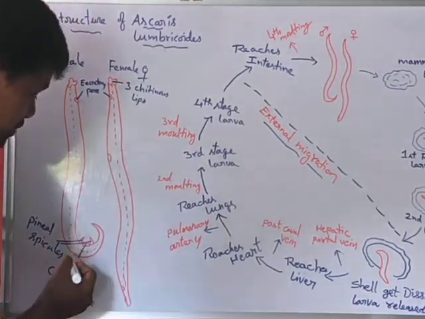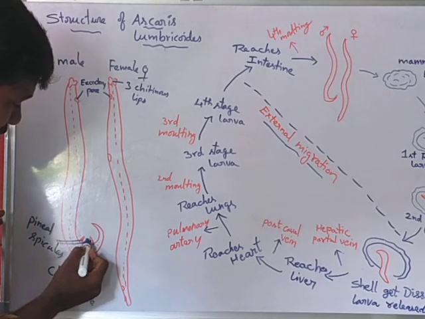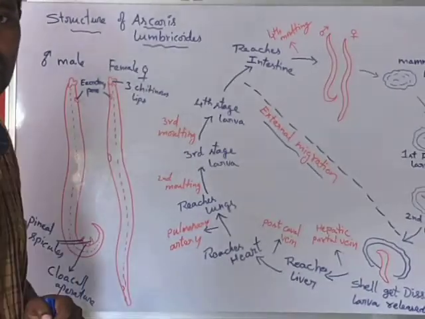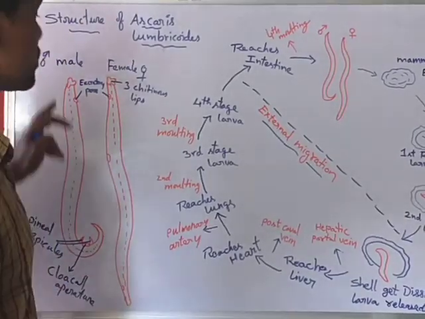The sperm cells, the gametes, come through the cloacal aperture. So this is about the male.